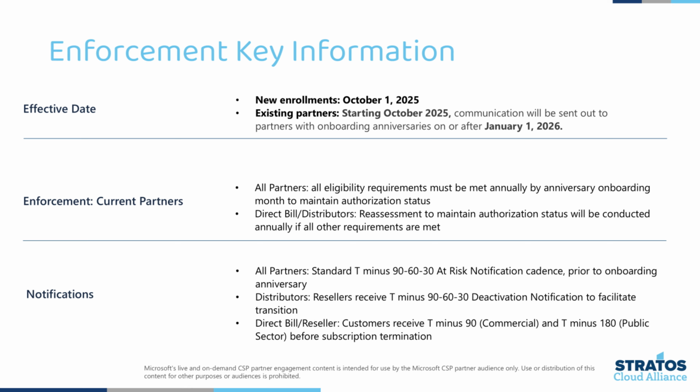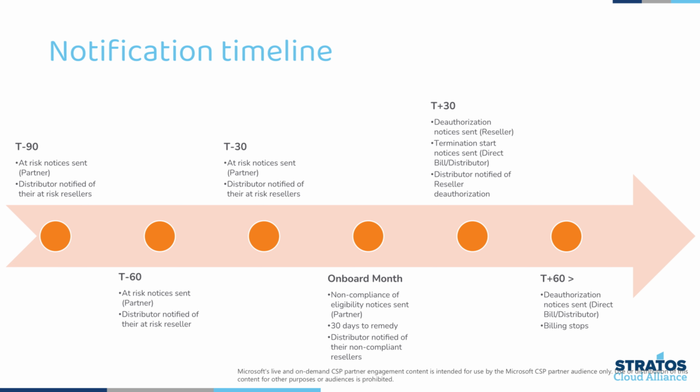This is really just a refresh, right? This was announced back in FY25. We're now in FY26, and the go live on this started on October 1st. A lot of you have already been through the content, and there really aren't any changes to what was announced, but I just want to make sure everyone knows we are now in the middle of this, right?